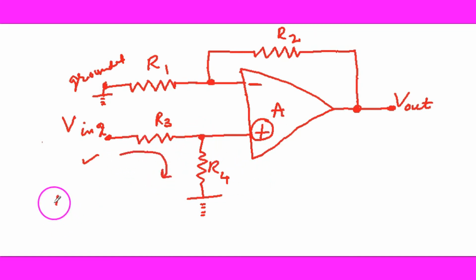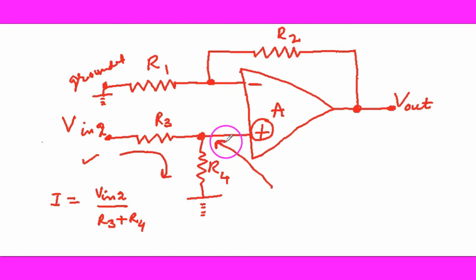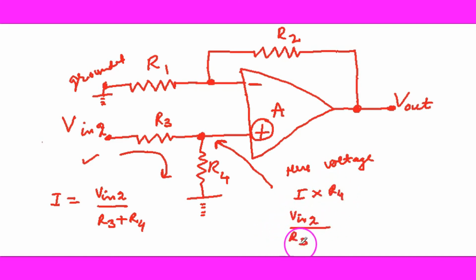So let's find the current flowing here. Current is voltage divided by the resistance. So this is the current flowing. Now the voltage at this point is equal to current into R4. This voltage is applied to the non-inverting terminal.